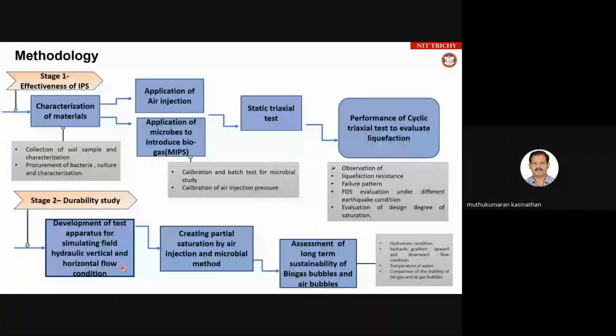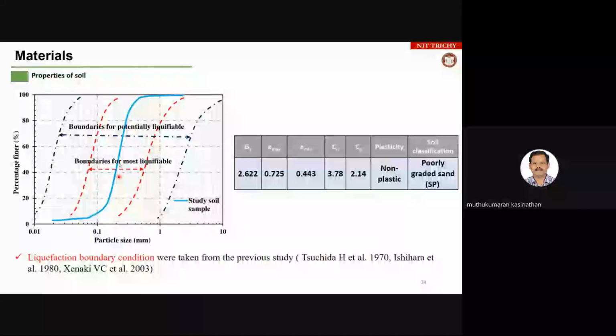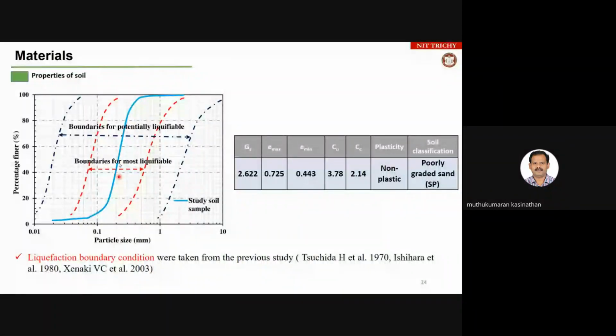Direct air injection. The boundary denoted by a red line is more prone to liquefaction. In the gradation chart, when the soil falls within this range, you have more liquefaction risk.